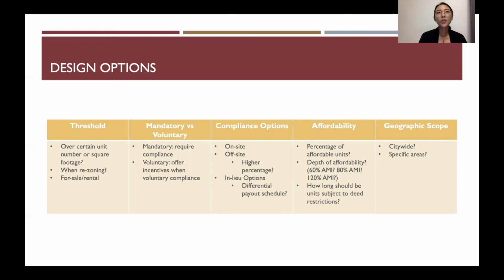So all of these design options can be combined, and it can get pretty complicated fairly easily, which is why you will find cities and local governments with multiple inclusionary housing programs. For example, one program would be applicable citywide, and then there could be area-specific, higher standard inclusionary housing programs that offer additional density for additional inclusionary housing.